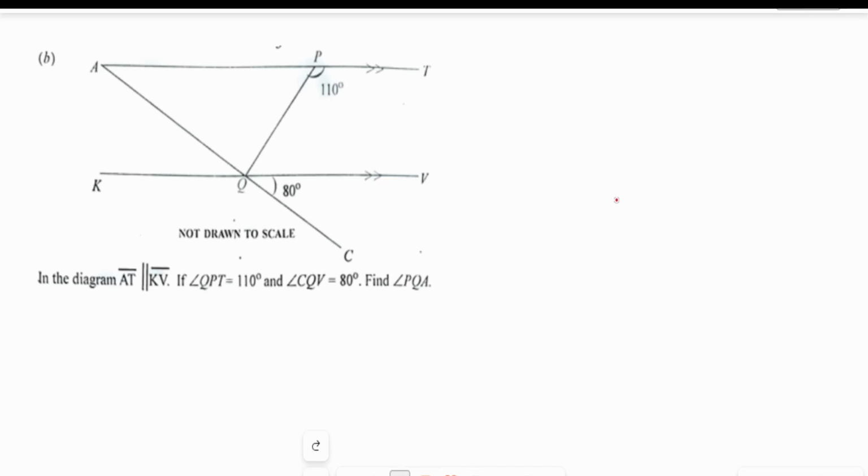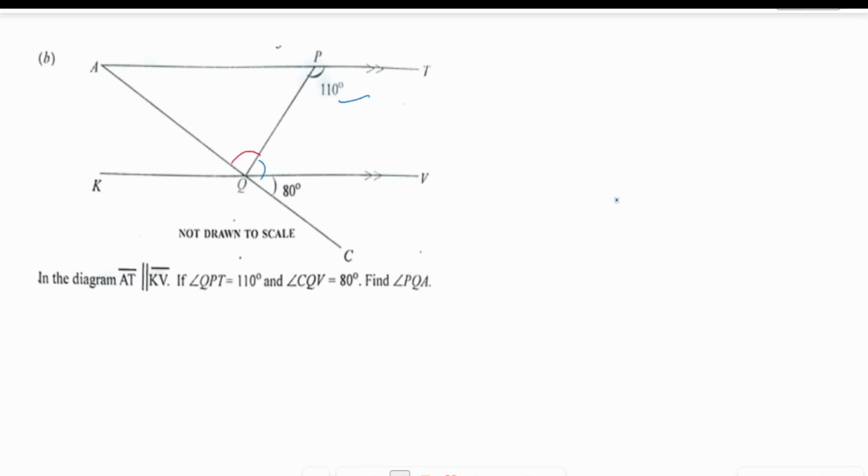First of all, the question we are solving is angle PQA, and that is right here. So we are simply going to put ideas of parallel lines and transversals together to solve, and we'll take it gradually. The first thing we'll be doing here will be to establish the fact that angle QPT, which is the 110 degrees we have here, and angle VQP, which is the angle here, are same side interior angles or co-interior angles.